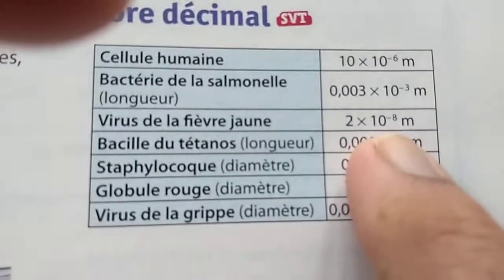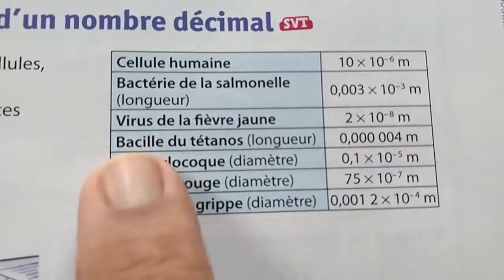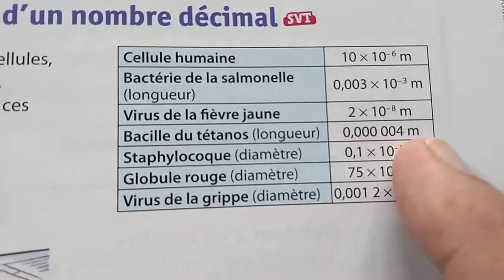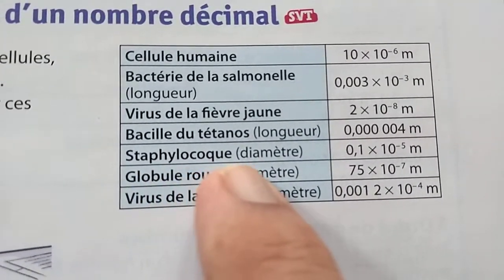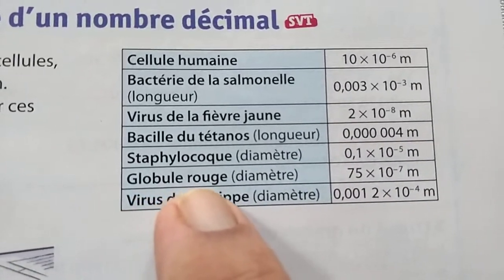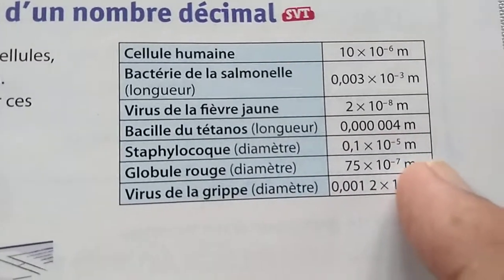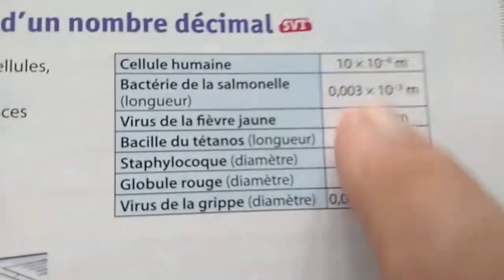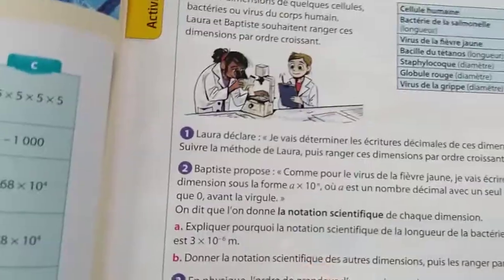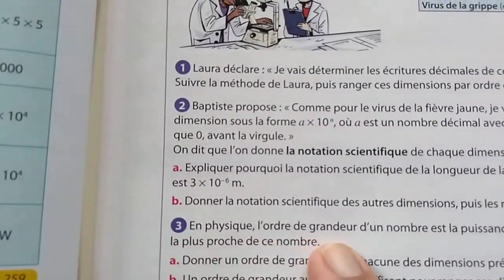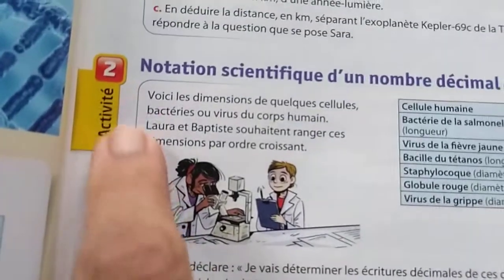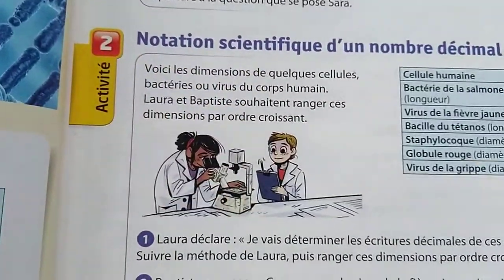You can see how small it is, 2 into 10 to the power minus 8 meters. Tetanus bacillus is this much. Staphylococcus diameter is this much. Red blood cell is this much. Flu virus is this size. So here they have given you numbers which are not in scientific notation, and this problem asks you to convert them into scientific notation. Don't do number 3, ordre de grandeur, that we will discuss later. And again, this one will have the solution at the back of the book if you are so inclined.